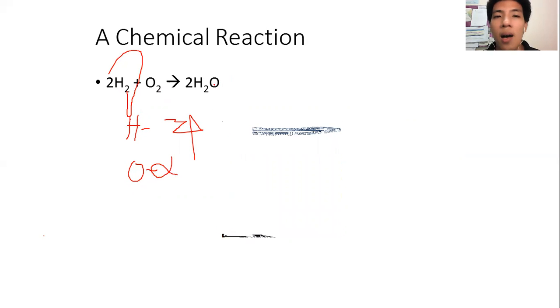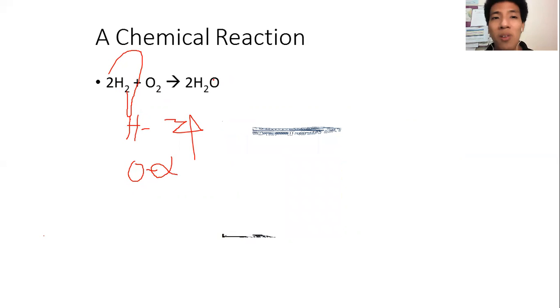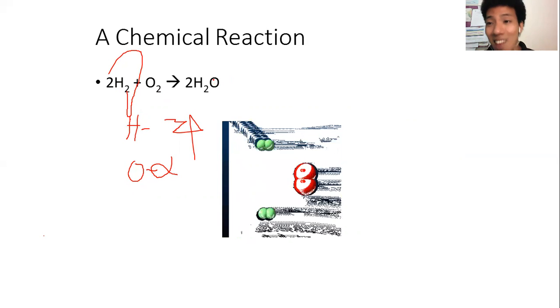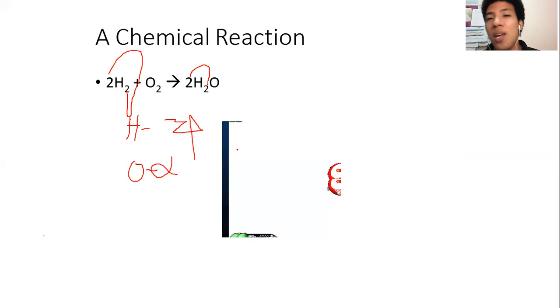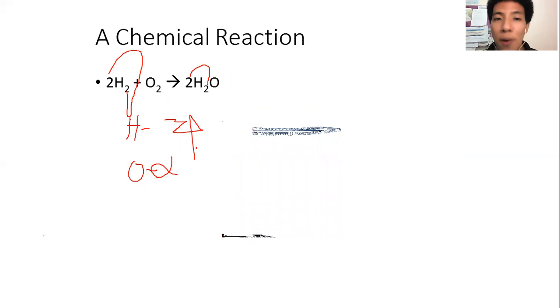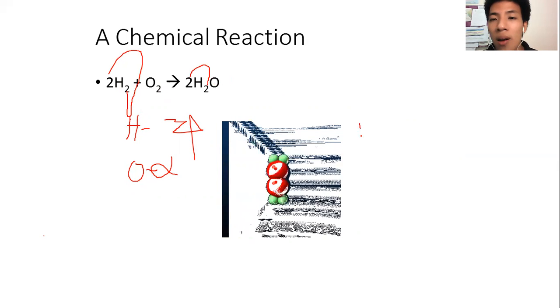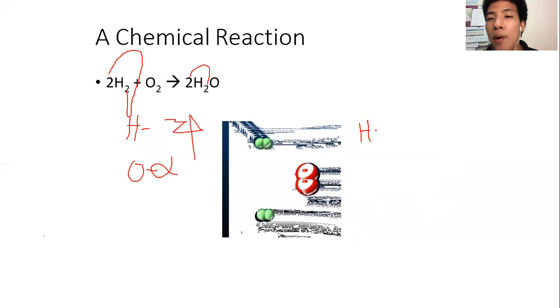For the hydrogen on the other side, the product side, it's the same. We just omit the plus sign. We multiply 2 by the subscript of H, which gives us 4, the same. It's actually 4.